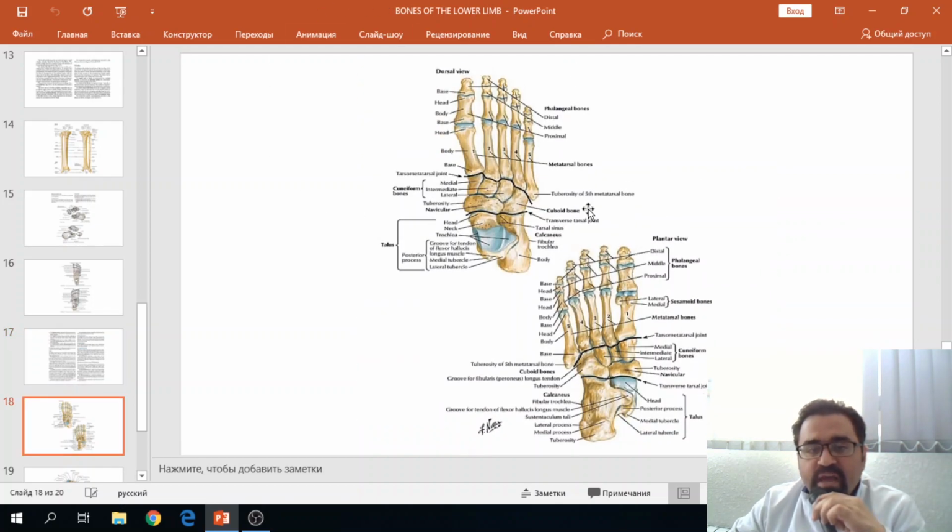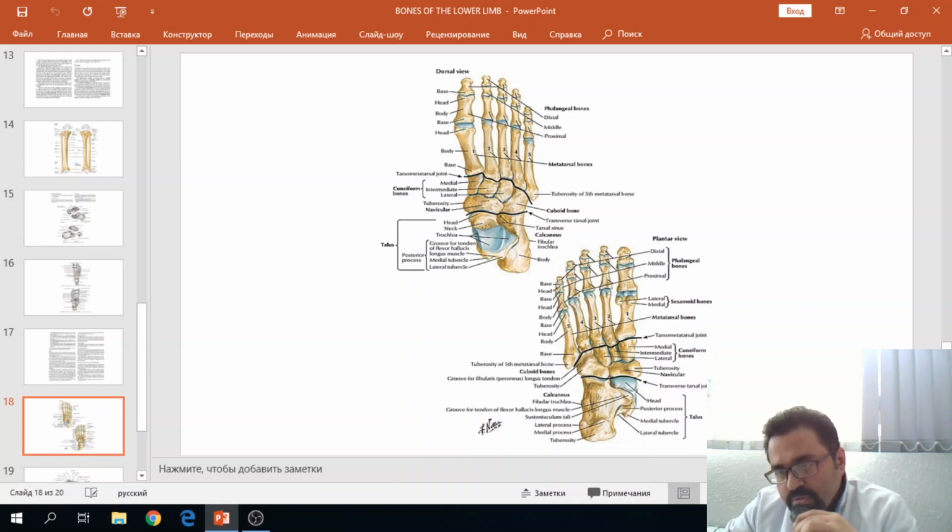As we can see in the diagram, this is calcaneum, this is talus, this is navicular, this is cuboid, and these are the cuneiform bones: medial, intermediate, and lateral. These are the 5 metatarsals, and then there are phalanges: proximal, middle, and distal. Middle or intermediate is the same.